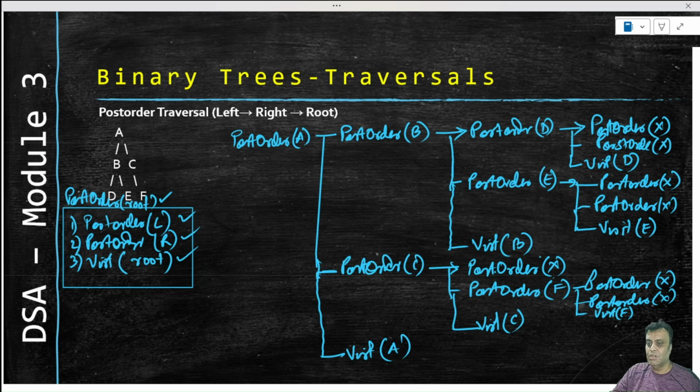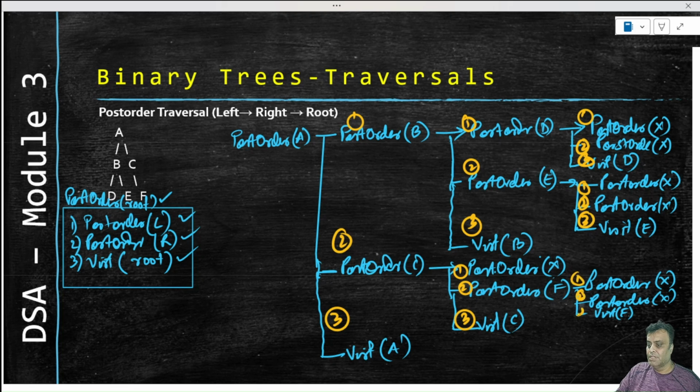So here we have the steps of 1, 2, 3, 1, 2, 3, and then 1, 2, 3, 1, 2, 3. Everywhere we have completed all the 3 steps of recursion.